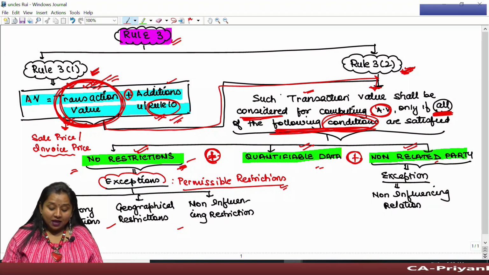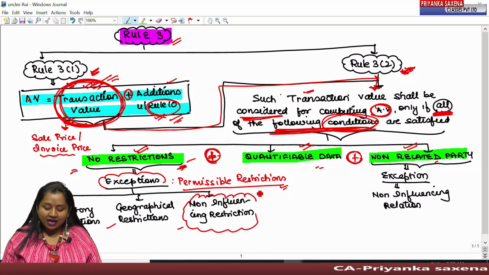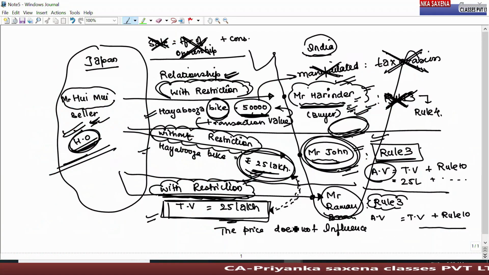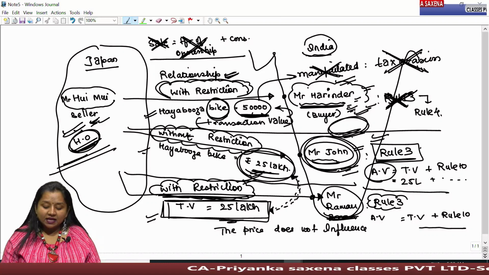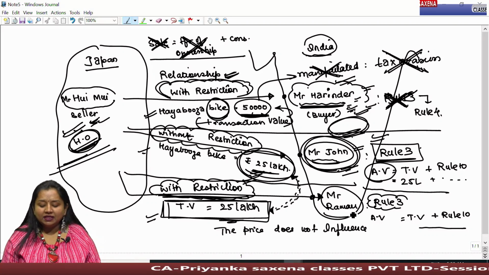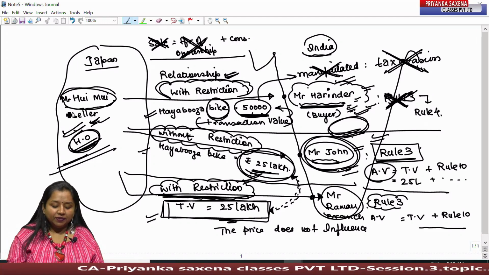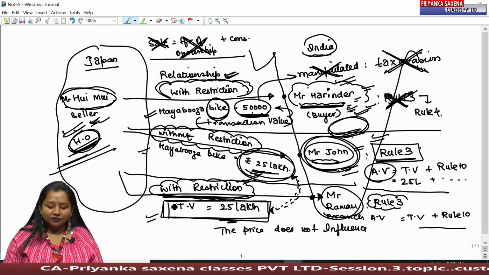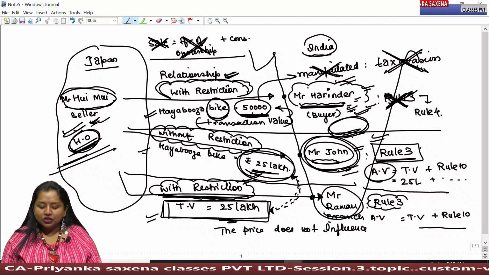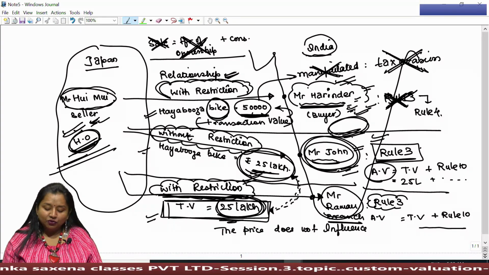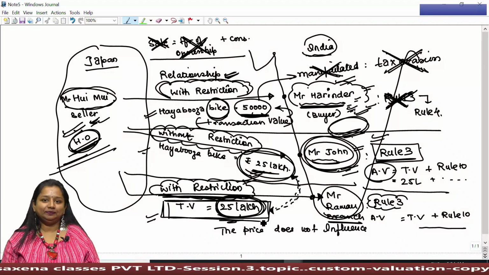The first exception to this, let us consider it as the last exception. This says non-influencing restriction. This is the same restriction which we did in the example. Here we say that Raman is also being the branch head of another branch of Mr. Huimui, and Mr. Huimui being head office supplies goods to Mr. Raman at the transaction value of 25 lakh only.